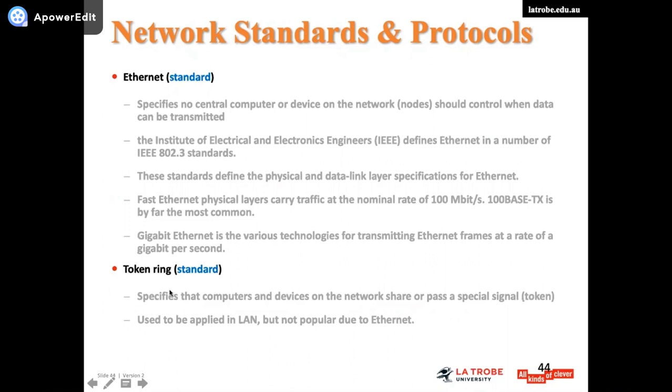This token ring protocol used to be applied in the LAN, but it is not popular due to Ethernet. This protocol has stopped being used right now because it is very inconvenient, because every time you have to wait for your token to do something, which is very inefficient if our network size is very big.